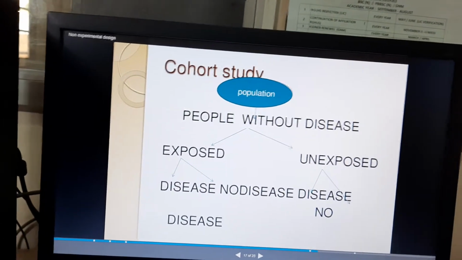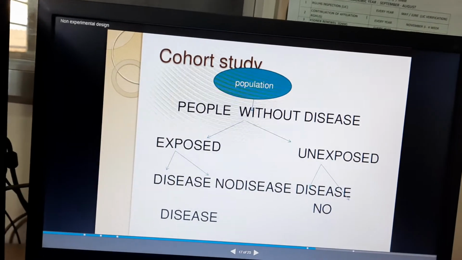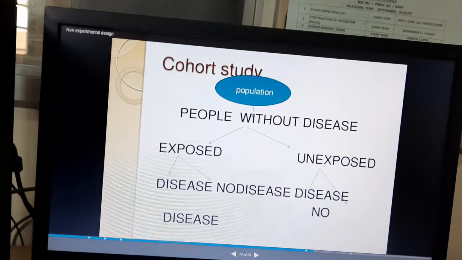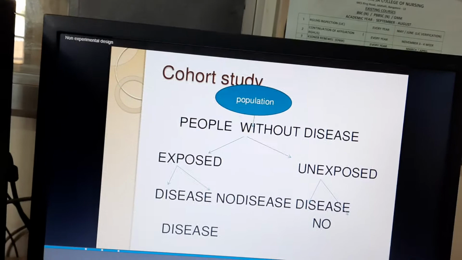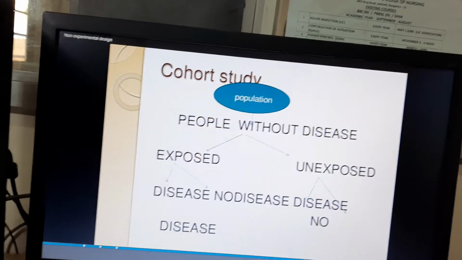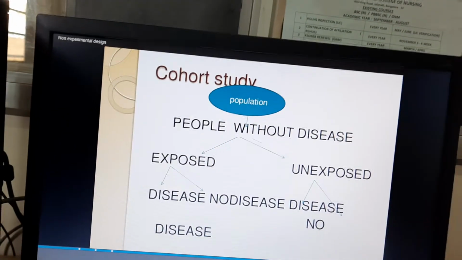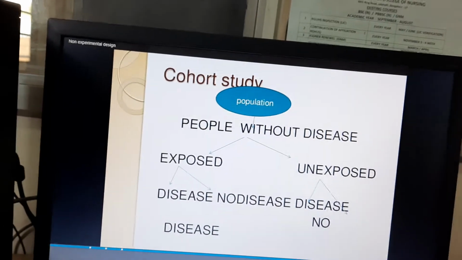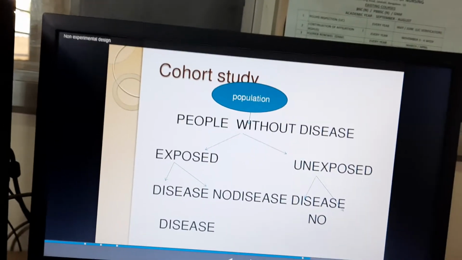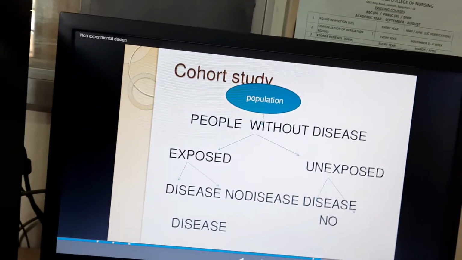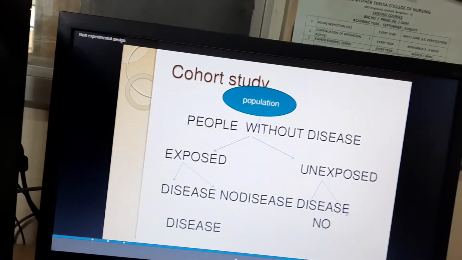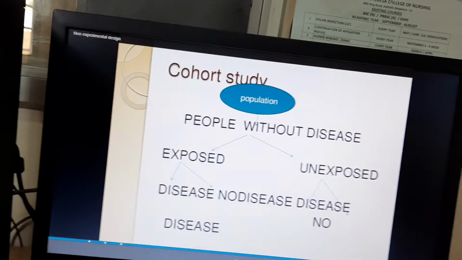If we are taking AIDS, we cannot go searching for AIDS patients. Instead, those who are not affected, normal people, we take as the sample, people without a disease, whether exposed or unexposed.